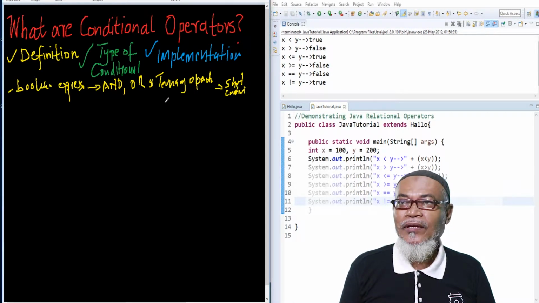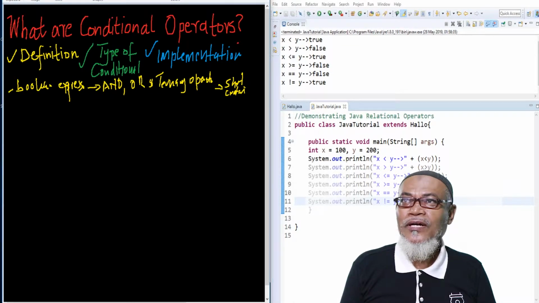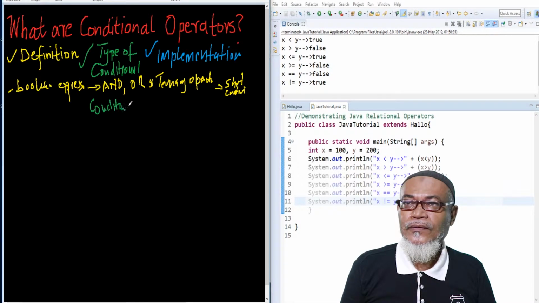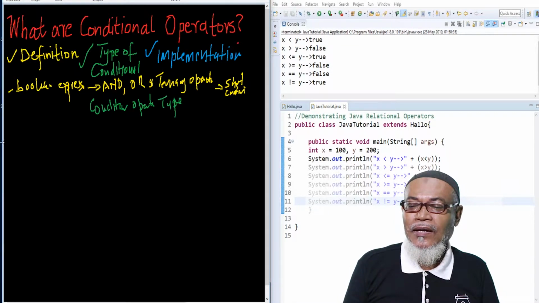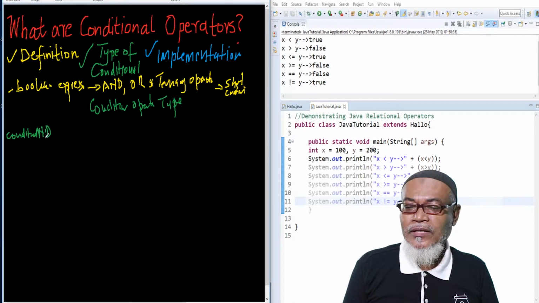So that is what we call conditional operators. Let us see the types of conditional operators. There are three types, as we saw in our definition. First is the conditional and, given by the sign of two ampersands.